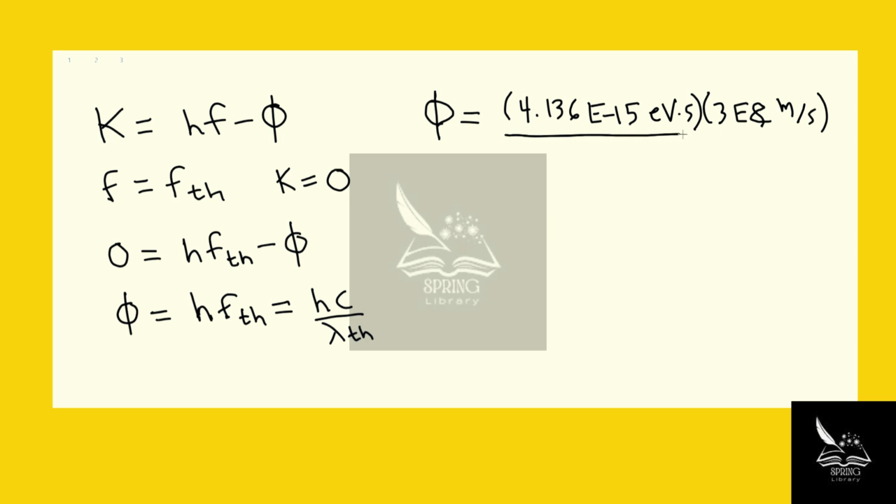Divide that all by our maximum lambda we have available, which is right at the edge of the visible spectrum, 750 times 10 to the negative 9, because we're in nanometers. And doing this computation will give us a value of 1.65 electron volts.